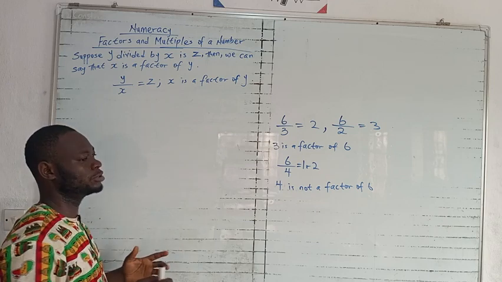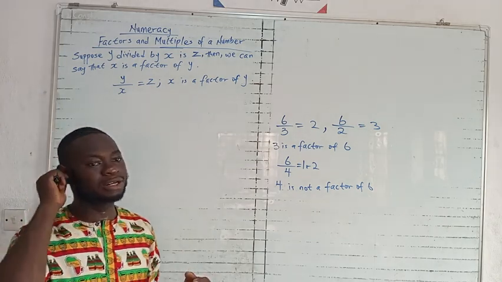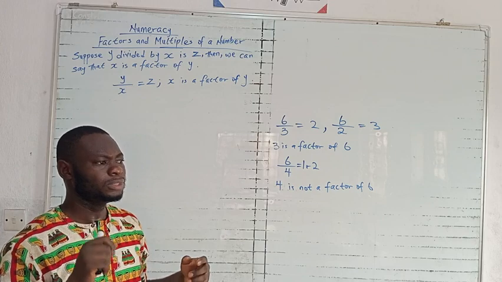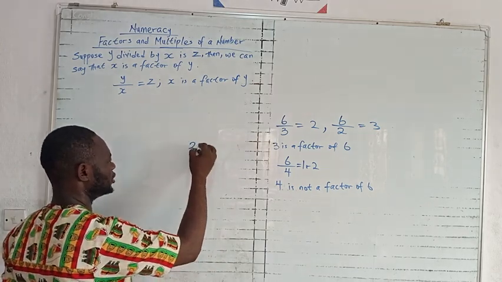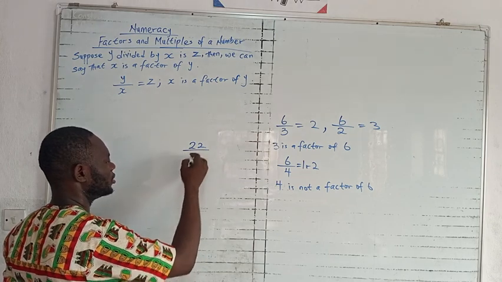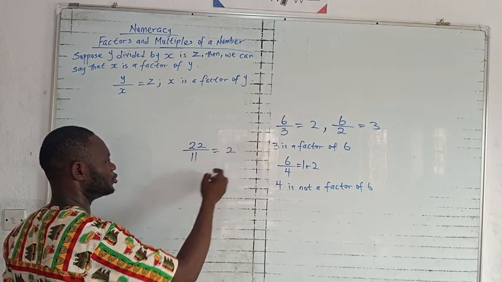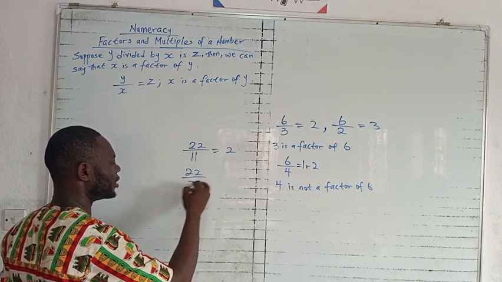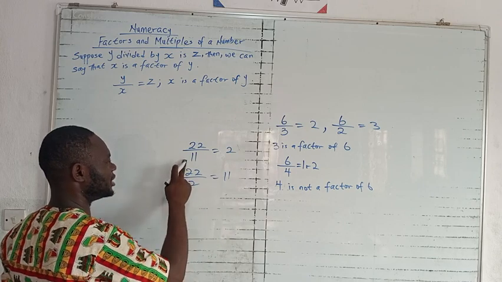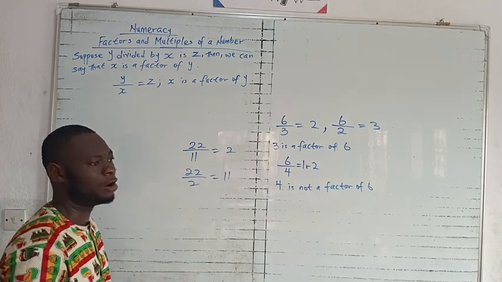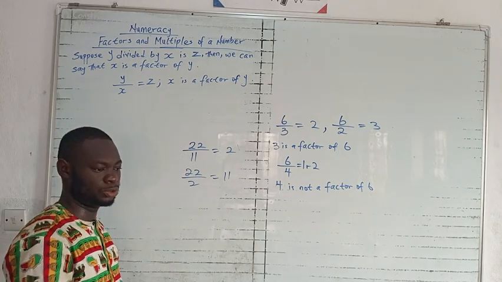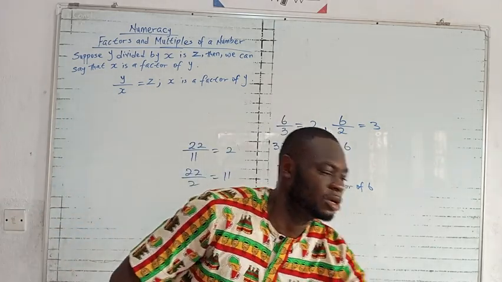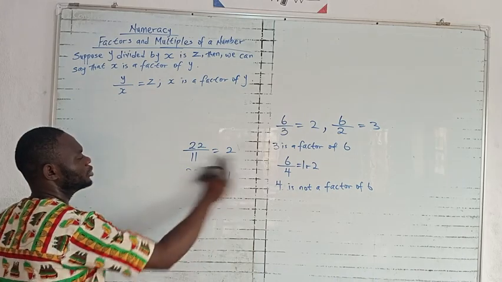Because when you get the quotient of a number as a result of division, it can still give you another number. Okay, let's check this. 22 divided by 11 is 2. 22 divided by 2 is 11. So you can see that 11 and 2 are both factors of 22.